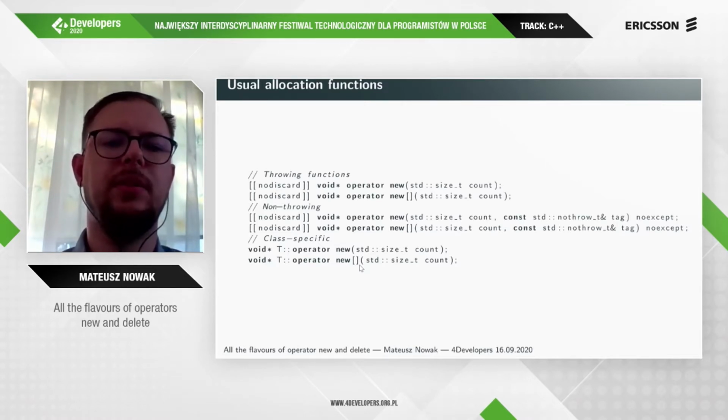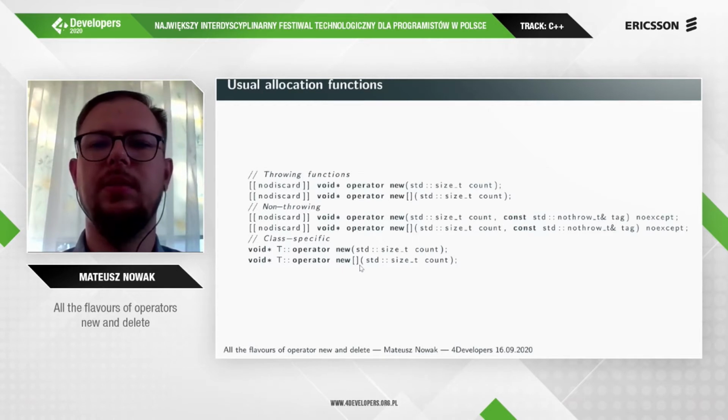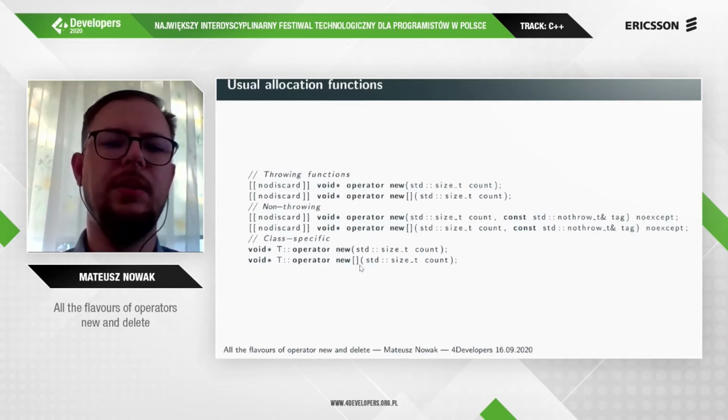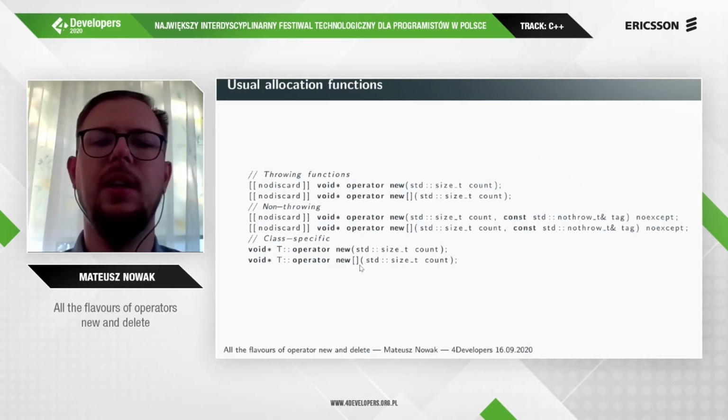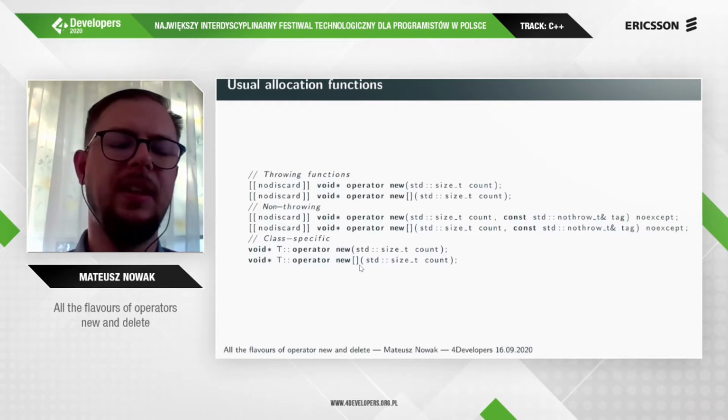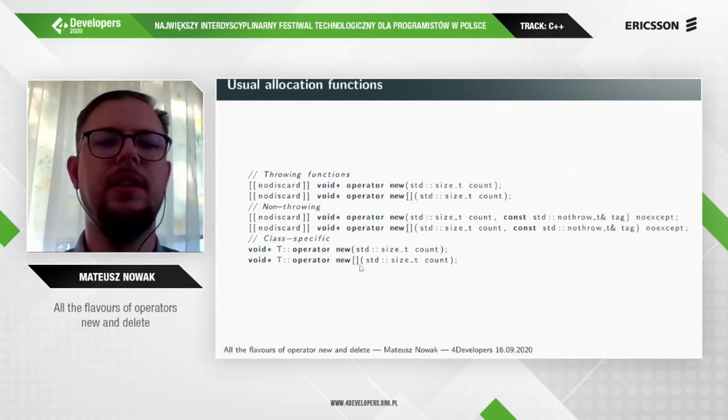This operator new is guaranteed to not throw an exception on error. And for both of them, we have a version for a single object and for an array of objects. The size parameter here is the number of bytes to be allocated by operator new. We can also override the usual operator new for a class. So those are class-specific ones.